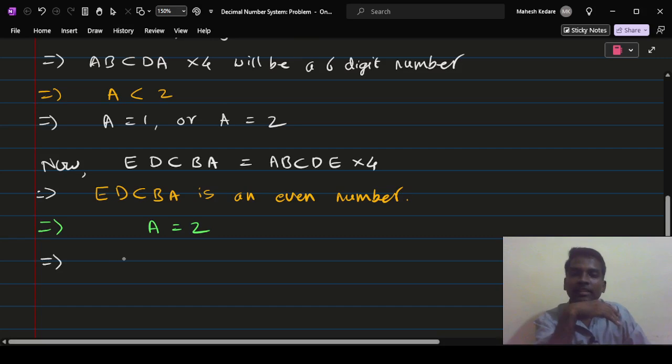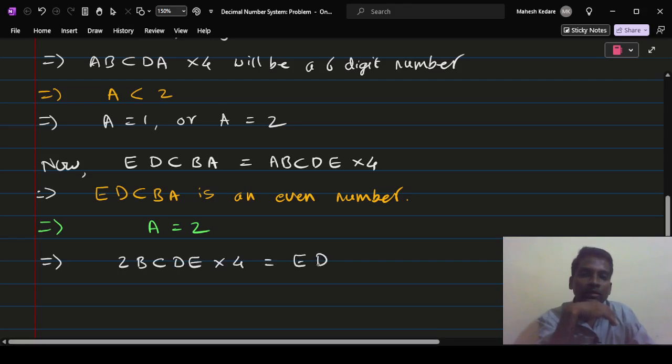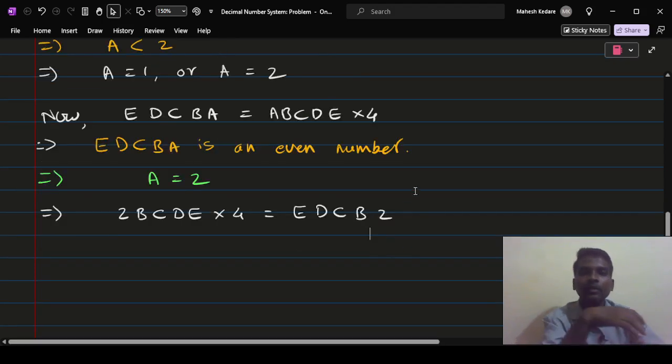This means that 2B, C, D, E multiplied by 4 is equal to E, D, C, B, 2. Note that we have 2 in the unit place, and it is obtained by first multiplying E by 4. Here we have E in the unit place, and when we multiply E by 4, it leaves 2 in the unit place of the resulting number.